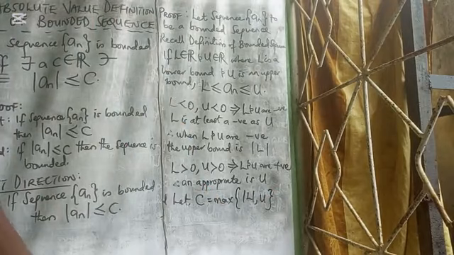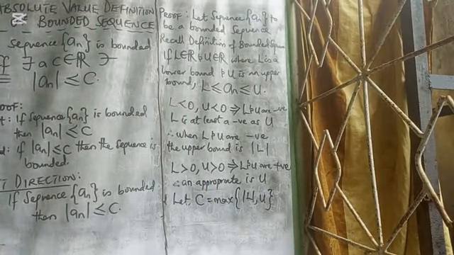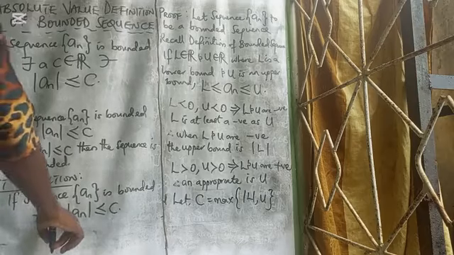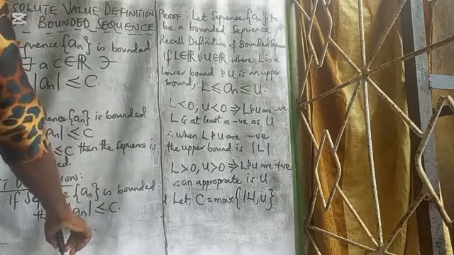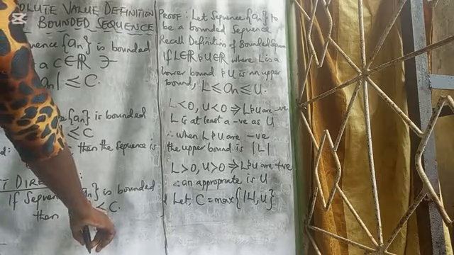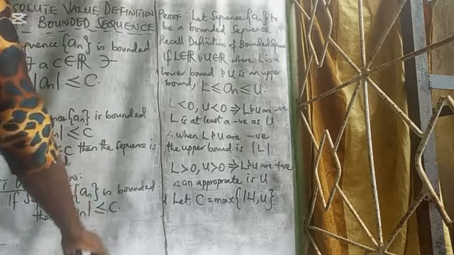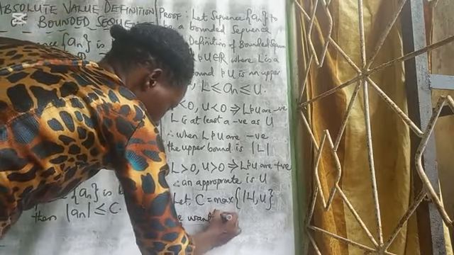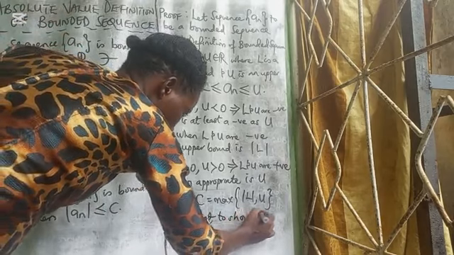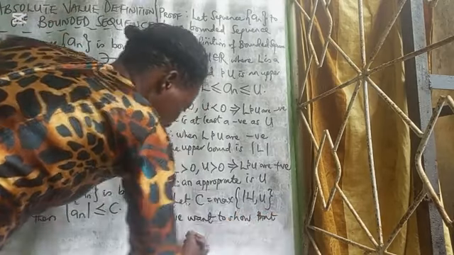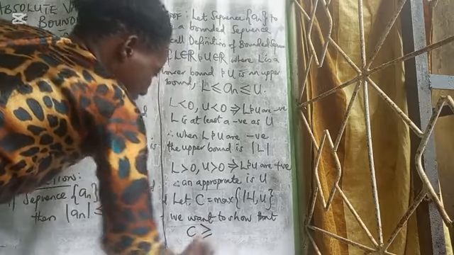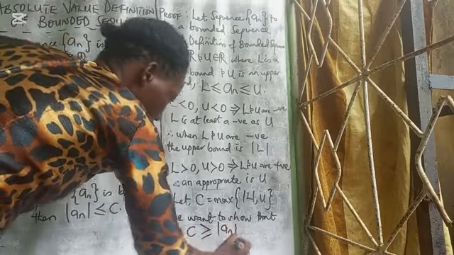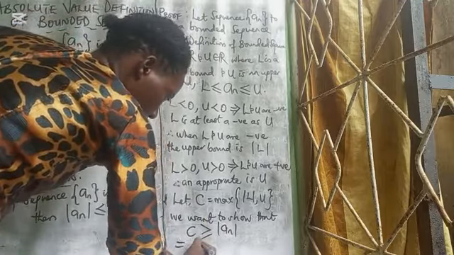If C is the maximum of that, we want to show that the absolute value of A sub n is less than or equal to C. Or we want to show that our C is greater than the absolute value of A sub n, which is the same thing as saying that what?